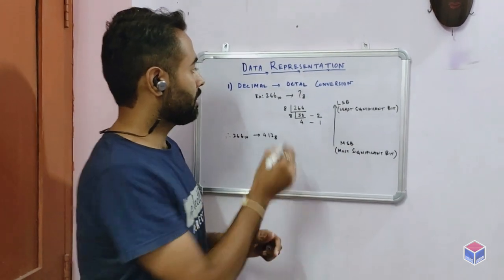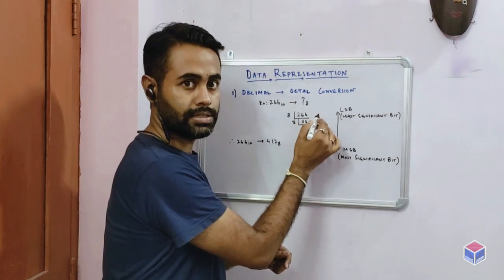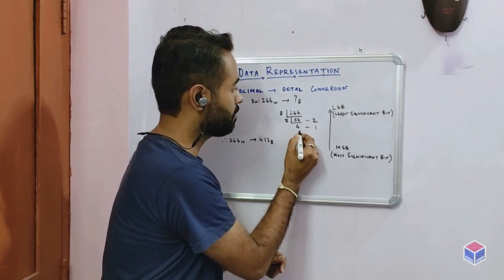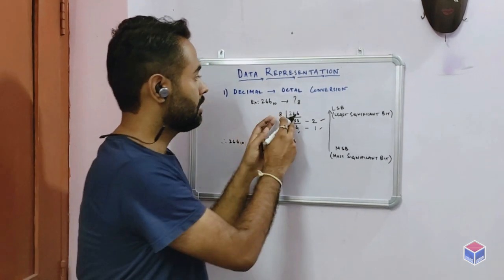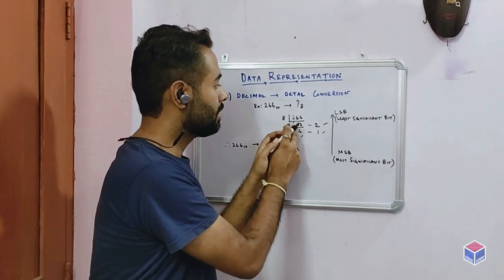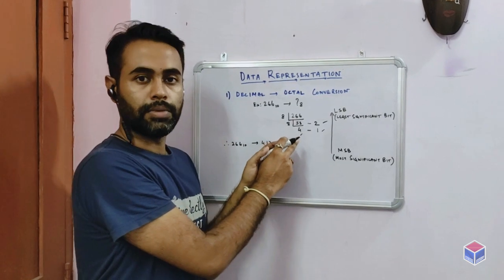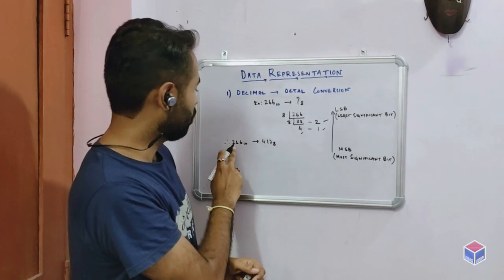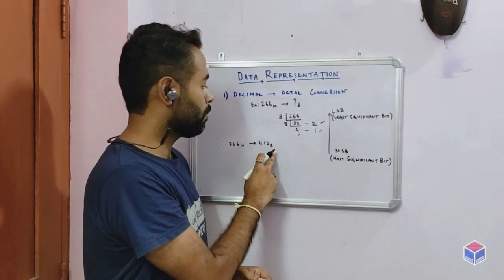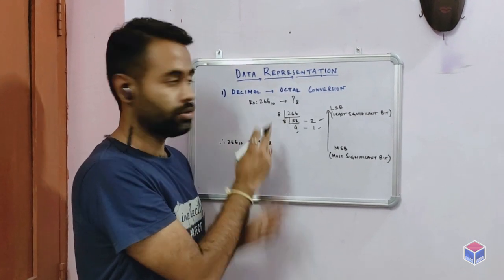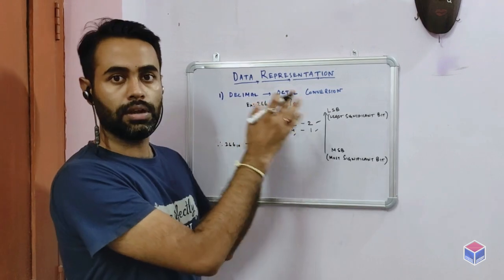When you convert 266 base 10 to base 8, in the first step we get a remainder 2, in the second step we get a remainder 1, and then 4. Therefore 266 base 10 is equivalent to 412 base 8. So this is a decimal conversion to octal.